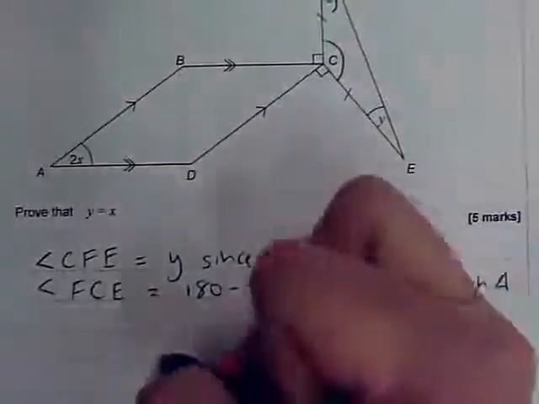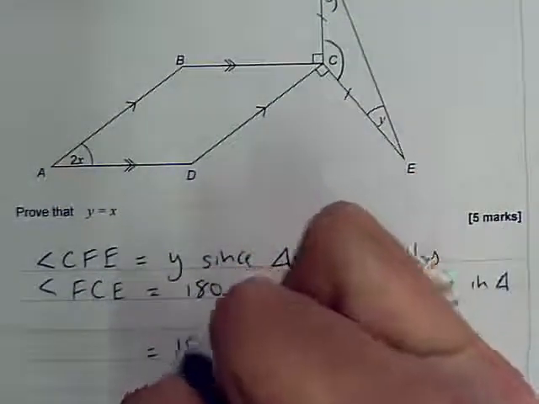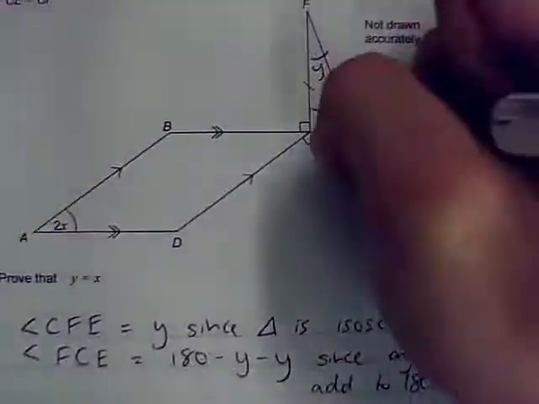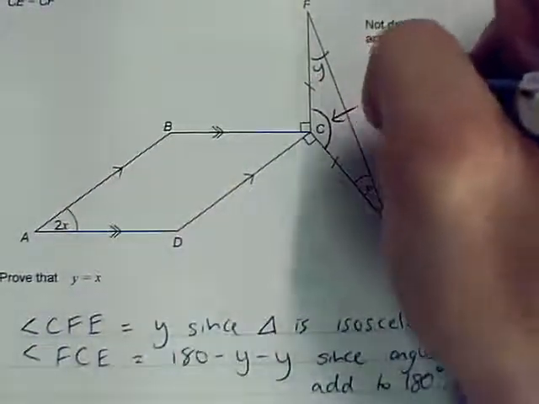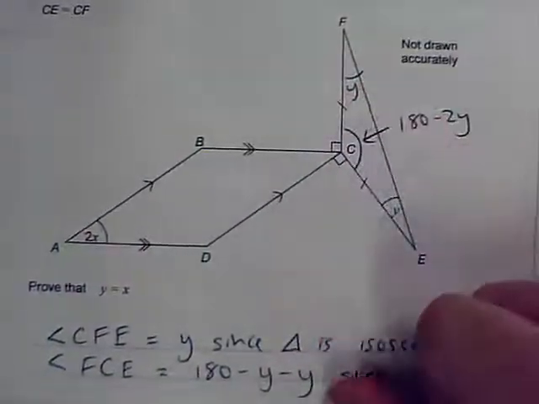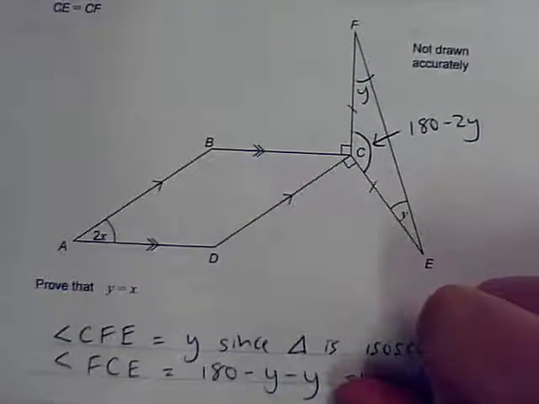Okay, so I could then just simplify that angle C is 180 minus 2y, and I'm going to label that on here like that. So this is really just for me, just to remind myself what I've done.